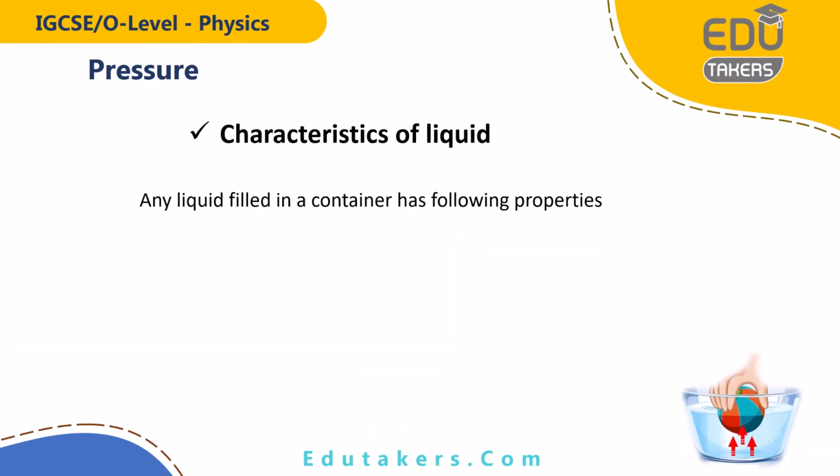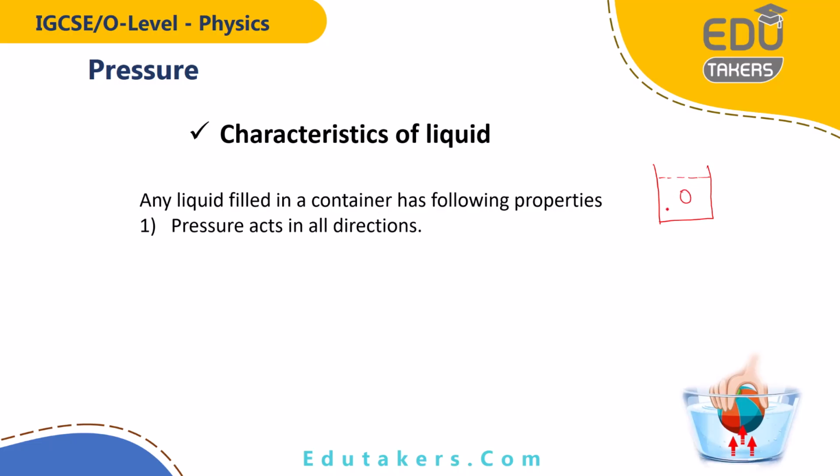What would be the characteristic of the liquid that you have to fill in a container so that it will exert a pressure? So first is that the pressure acts in all direction. What does this mean? If I consider that it's a beaker that is filled with the water until this level, you place any object inside this.